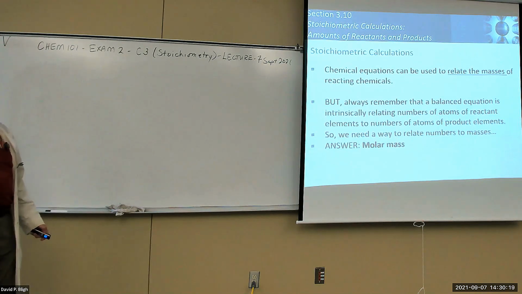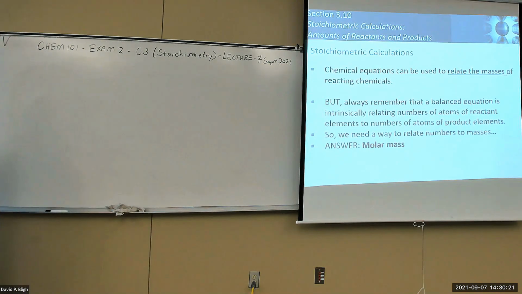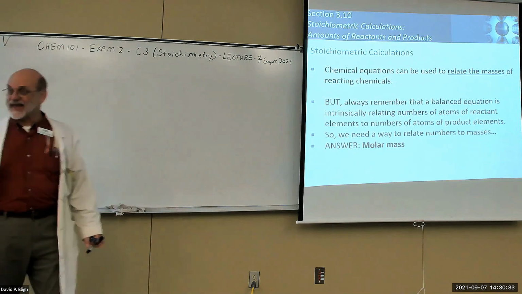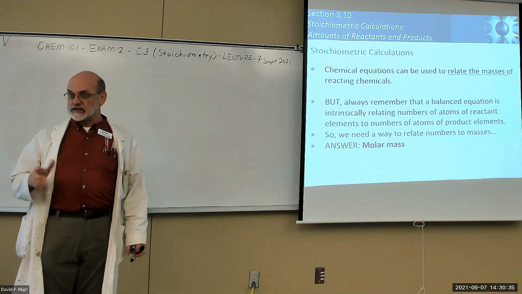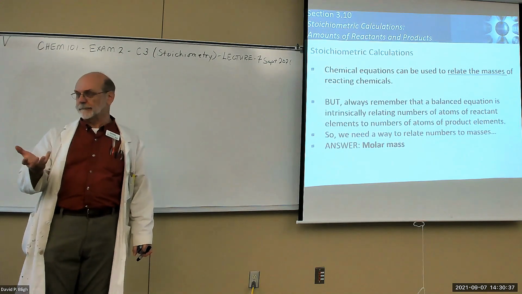So how do we do stoichiometric calculations? What do we mean by stoichiometric? We mean that when we count the atoms to balance an equation, we're also counting masses, right? Because each atom weighs something.